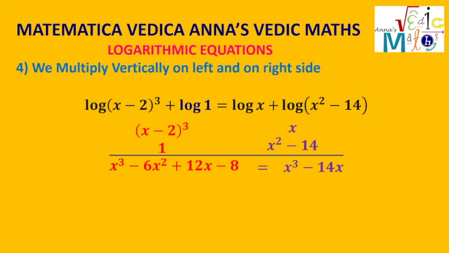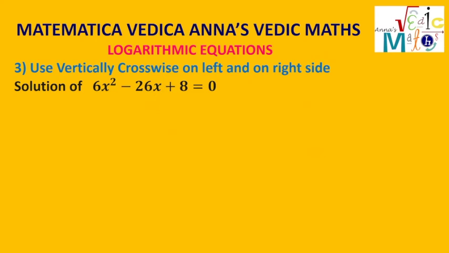And we do the cube and we do the multiplication, and we find this quadratic equation: 6x squared minus 26x plus 8 equals 0. To find the solution of this quadratic equation, we observe that the middle term, minus 26, is an even number.